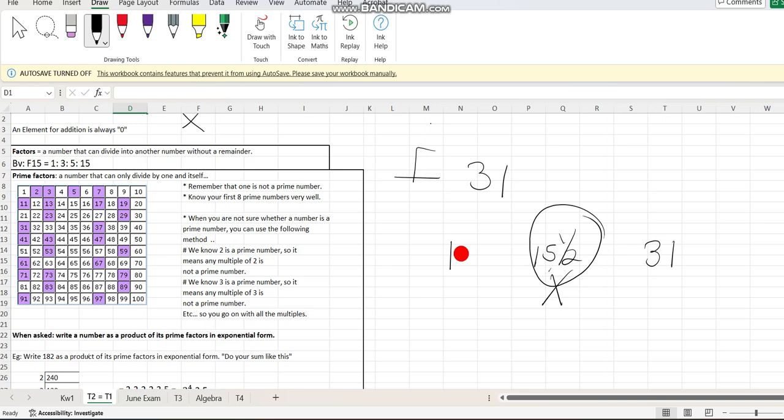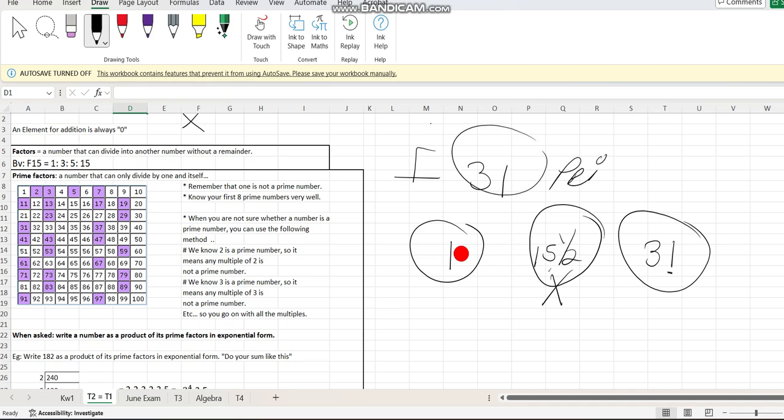But then go this way. You can't do 2 because it's not an even number. 3 won't go in there. 4, 5, 6. Nothing is going to go in there. If you want to test it on your calculators, you'll see all of these are going to give you remainders, which means 31 only has 2 factors, 1 and itself. And that means 31 is actually a prime number.